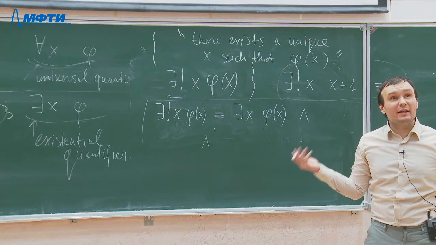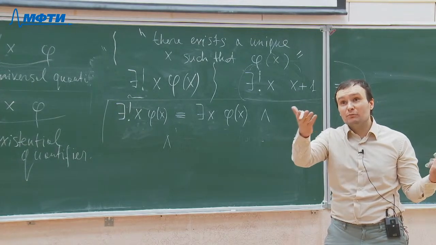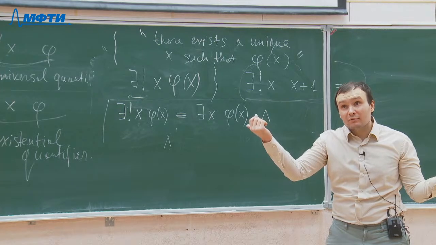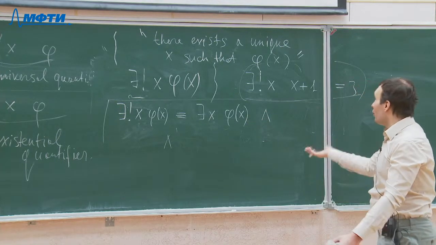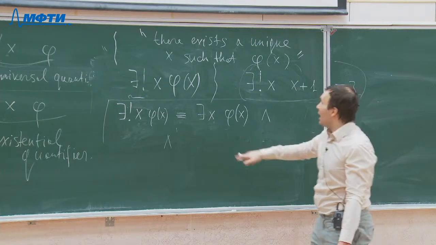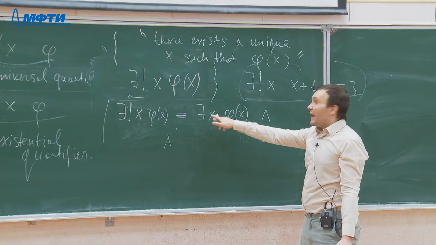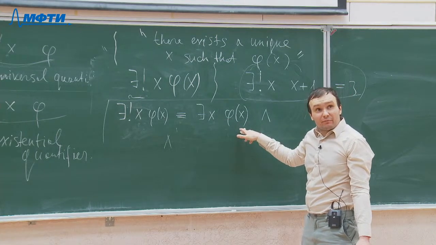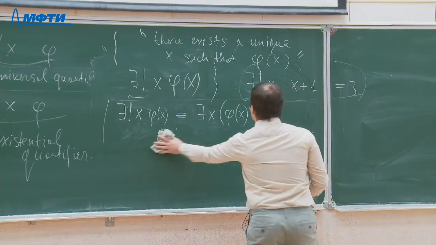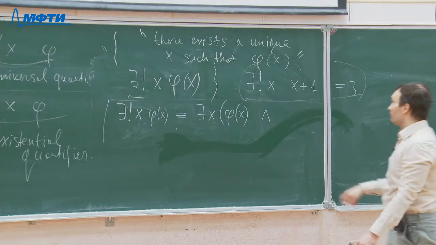But what does it mean, other? Other means not equal. So no y which is not equal to x satisfies phi. Or another way to say the same thing is as follows. Let's continue this line here.